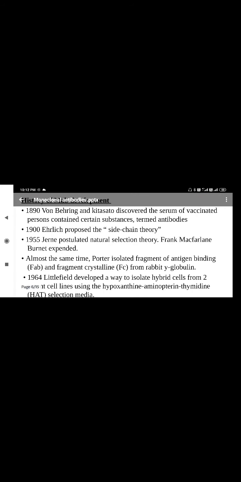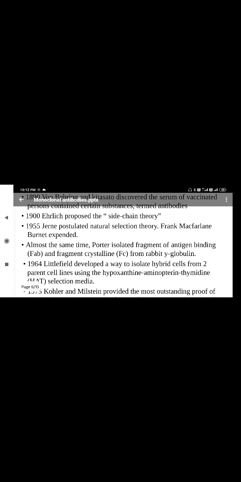In the year 1890, scientists von Behring and Kitasato discovered that the serum of vaccinated persons contained certain substances termed antibodies. In the year 1900, Ehrlich proposed the side chain theory. In the year 1955, Jerne postulated the natural selection theory.